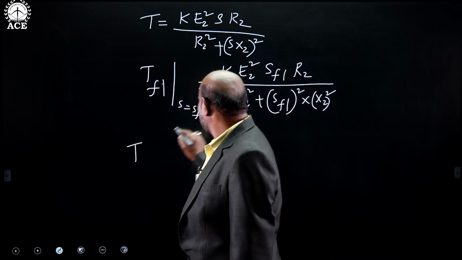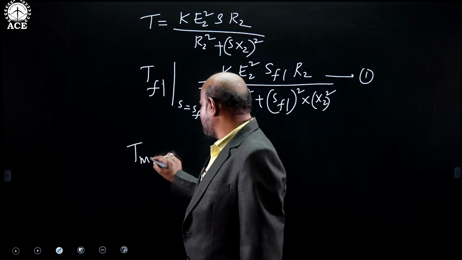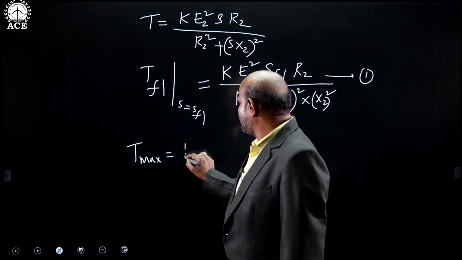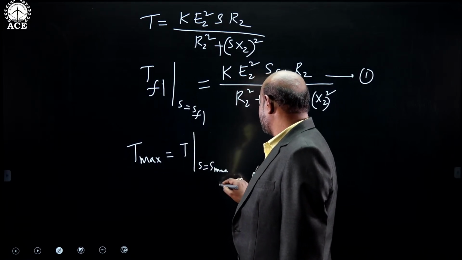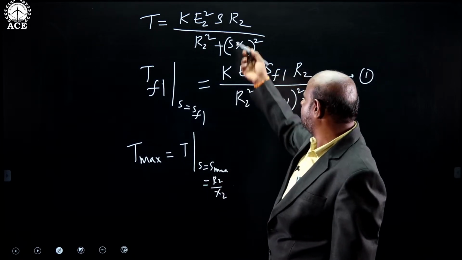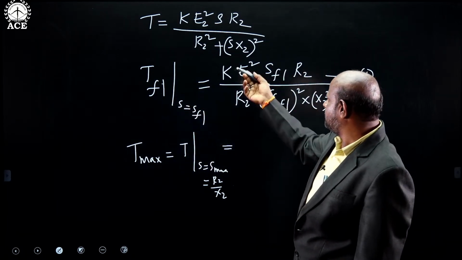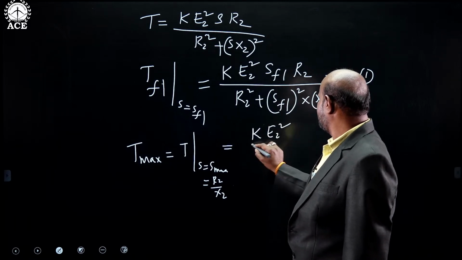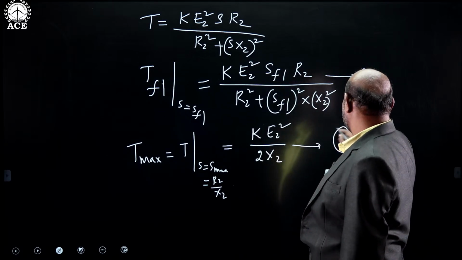Let us assume this is equation 1. Similarly, we already know that maximum torque is given by T max, we are going to get the maximum torque at S equal to S max. What is the condition? R2 by X2. We resubstitute in this expression, which we have already derived just now. So what is the expression? K E2 square by 2X2. Assume this is equation 2.